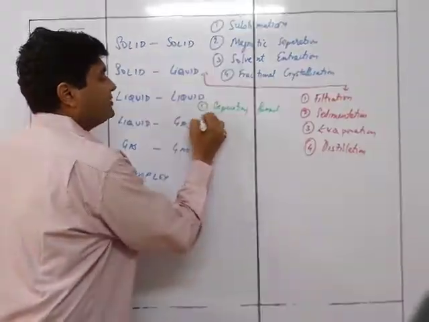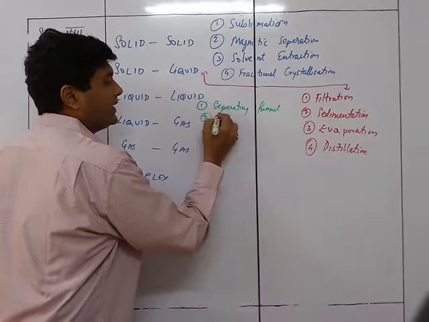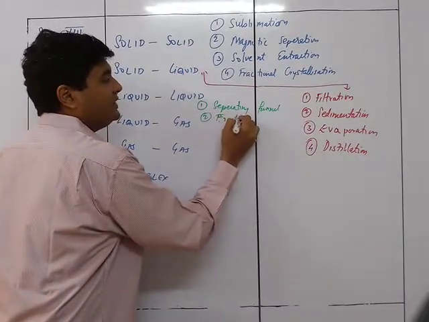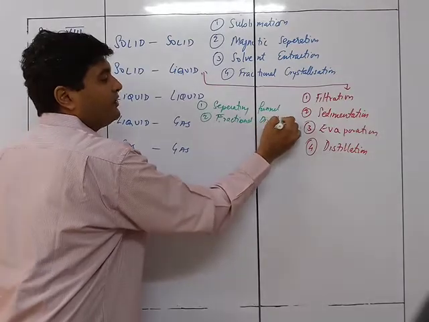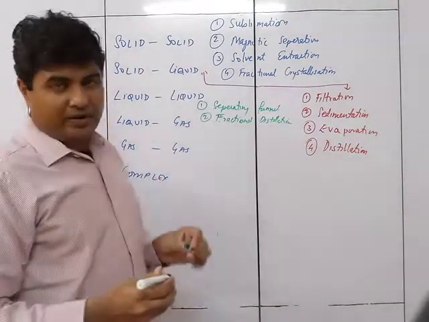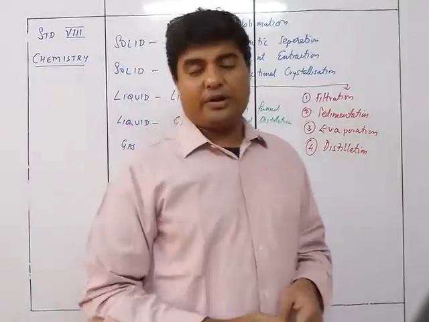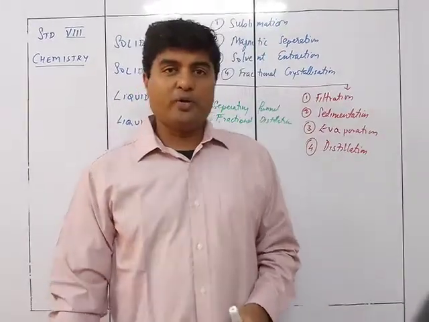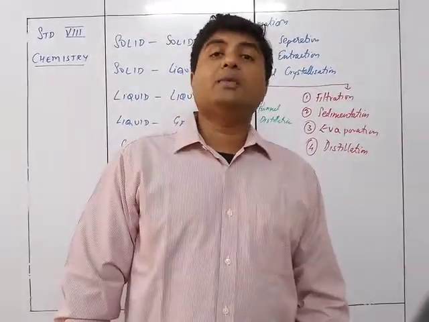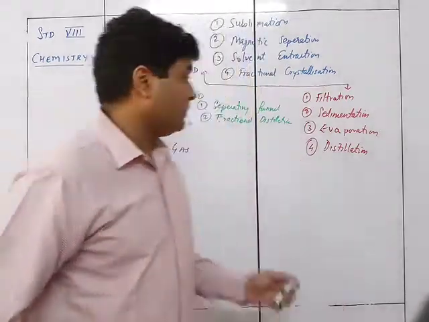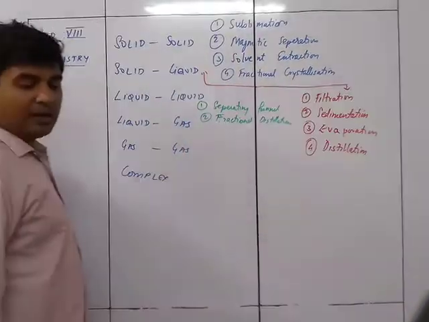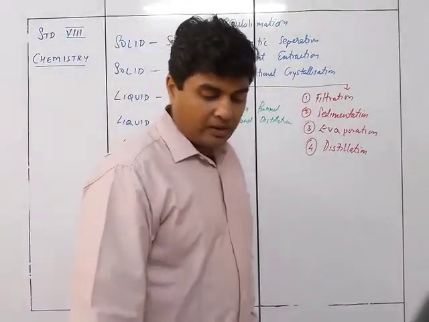The second one is fractional distillation, which depends on the difference in the boiling point of the liquids. Depending upon the difference in boiling point, I can separate the liquid mixtures.